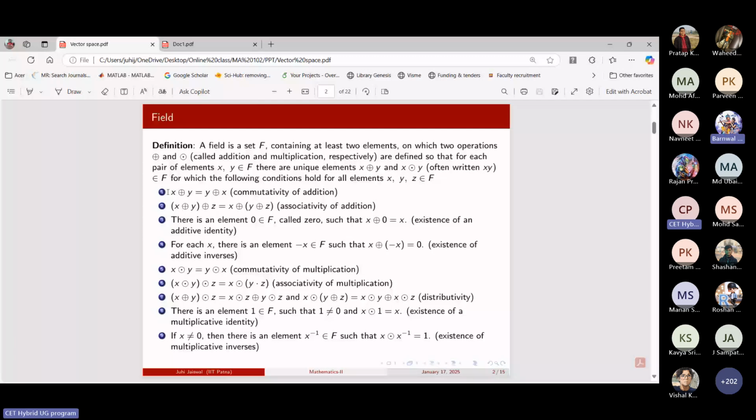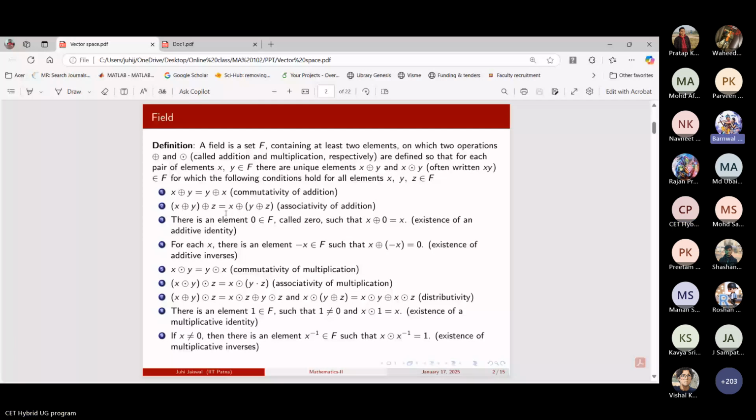Either we add x to y or we add y to x, both results are equal. The second says associativity of addition: either we add x plus y and then add the resultant to z, or we add y plus z and then add the resultant to x.